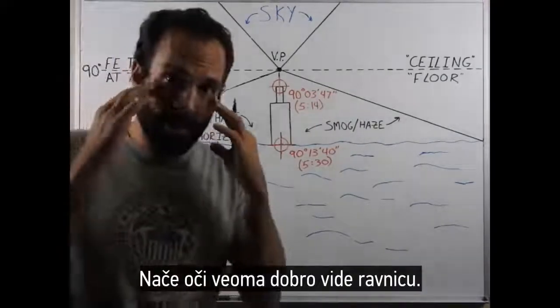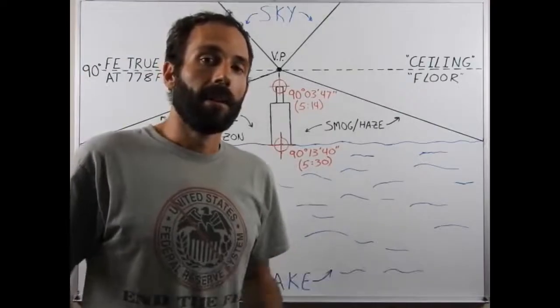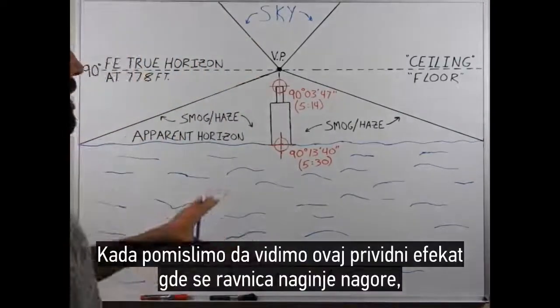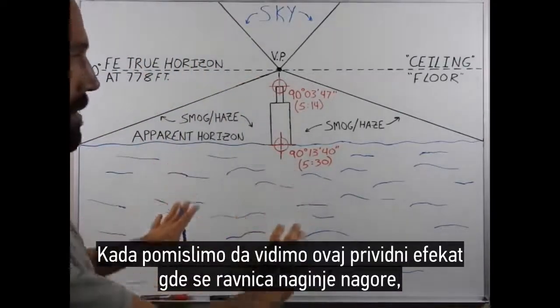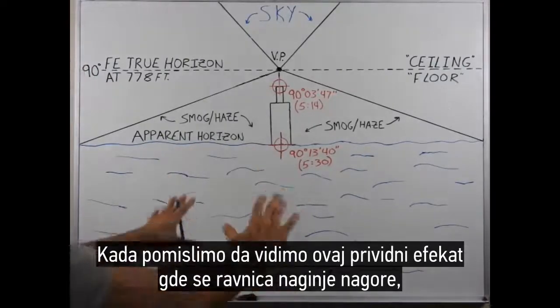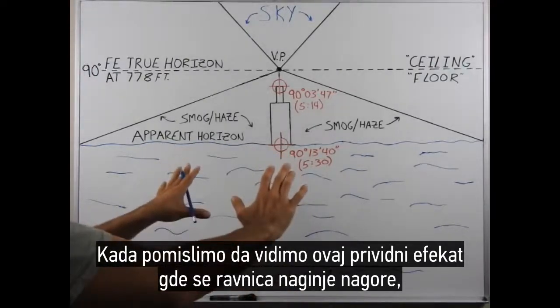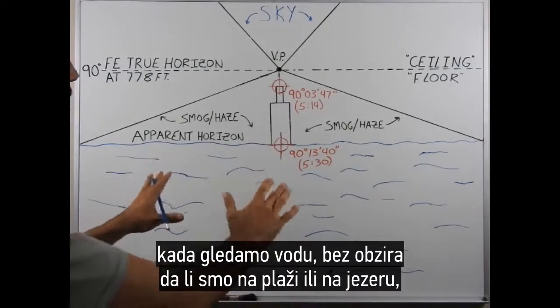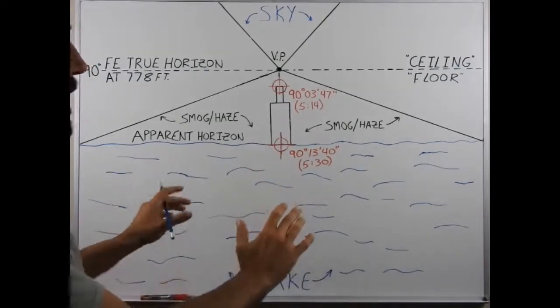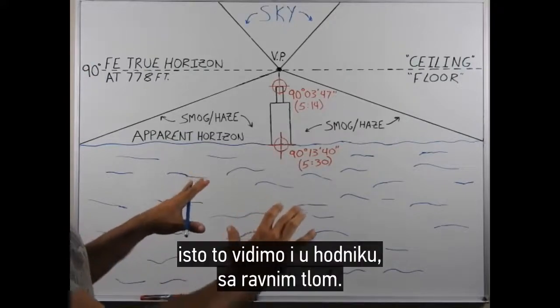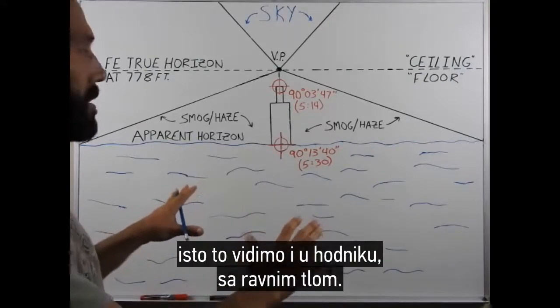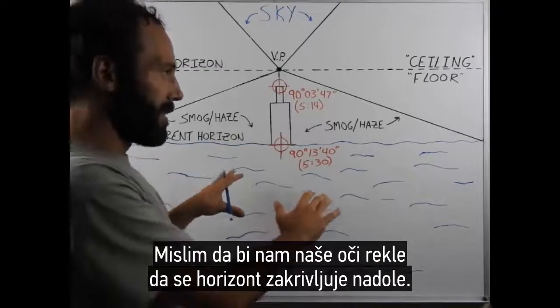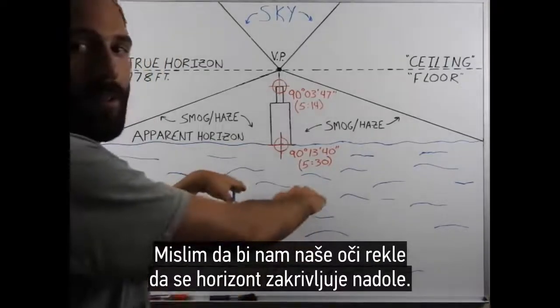Our eyes are very good at seeing planes. So to think that we see this plane effect, this apparent sloping up of a plane, when we look at water like this, whether on the beach or on a lake, and that's what we see in a hallway with a level flat surface, I think our eyes would tell us that this is curving down.